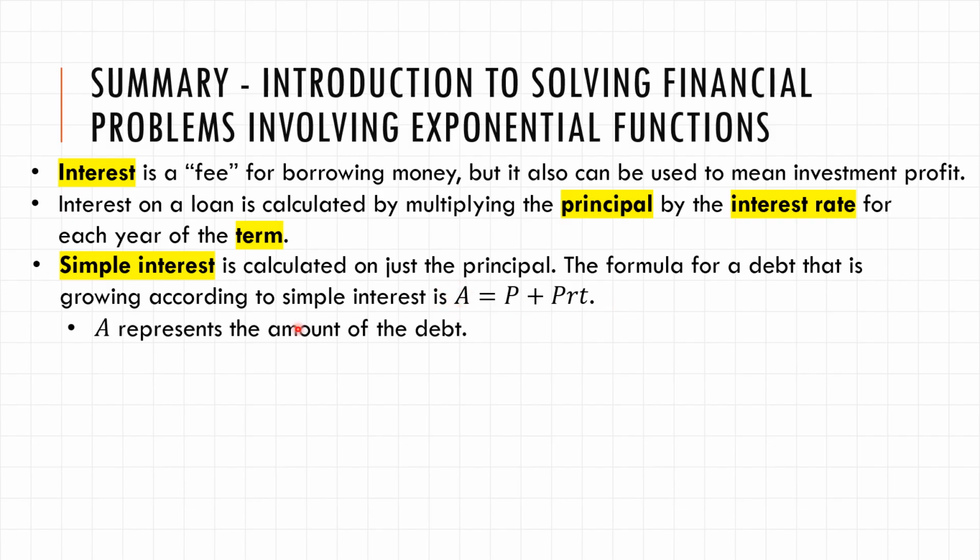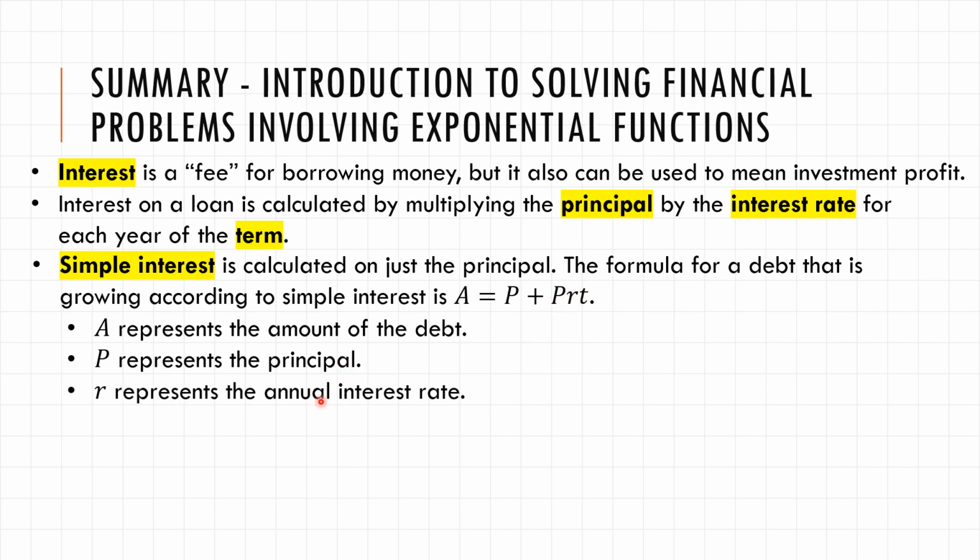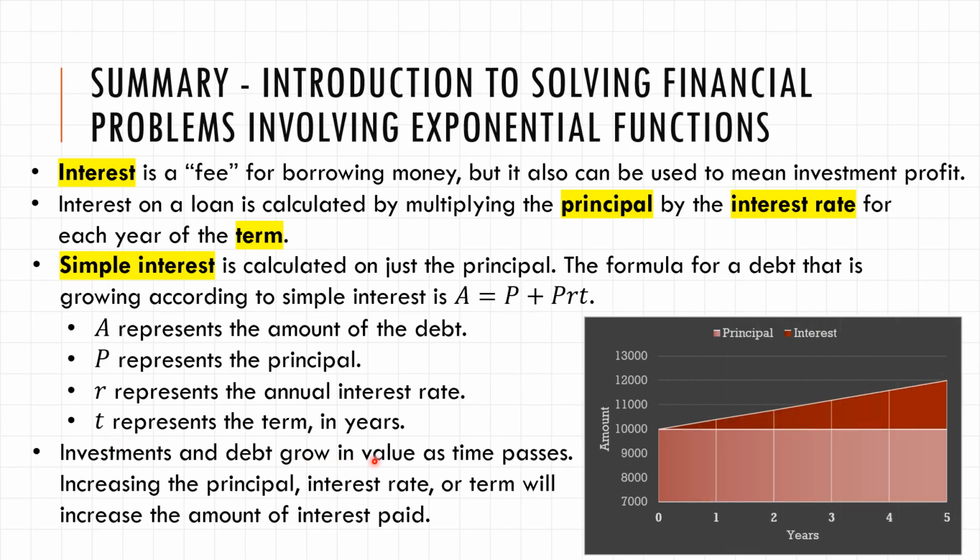A is the amount of the debt. P represents the principal, or the amount that is borrowed at the beginning. R represents the annual interest rate. And T represents the term, which is the number of years. Investments and debt both grow in value as time passes on. Increasing the principal, increasing the interest rate, or increasing the term would necessarily increase the total amount of interest that you pay at the end.